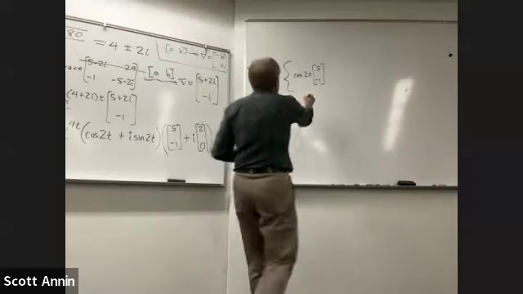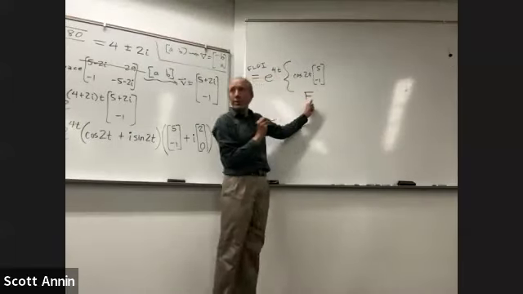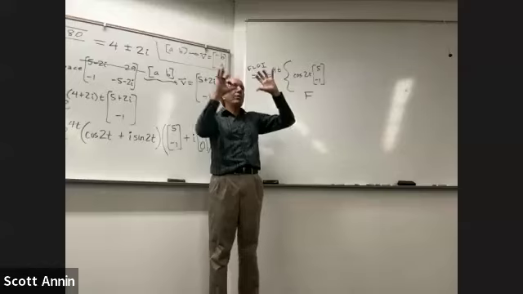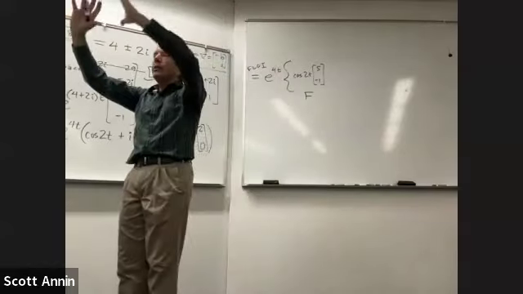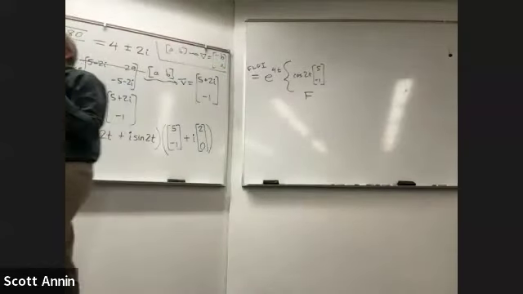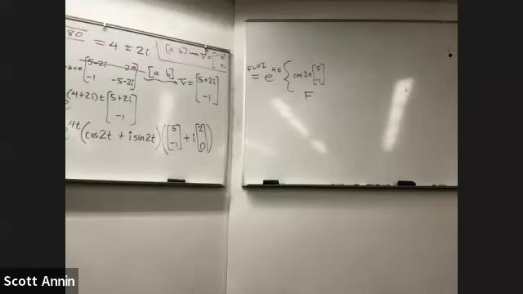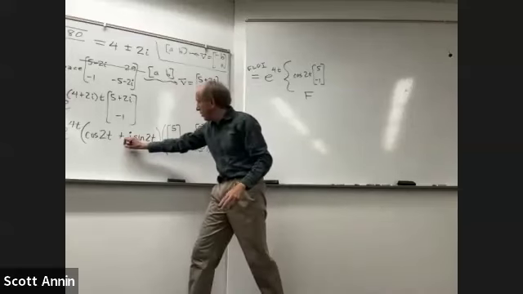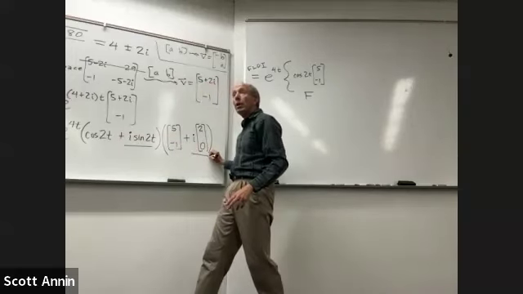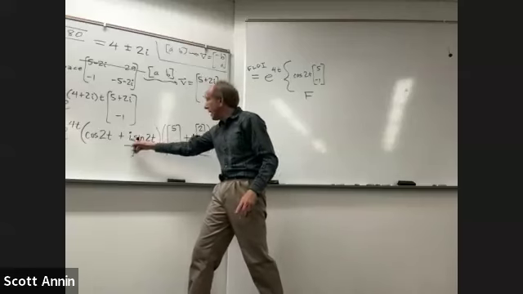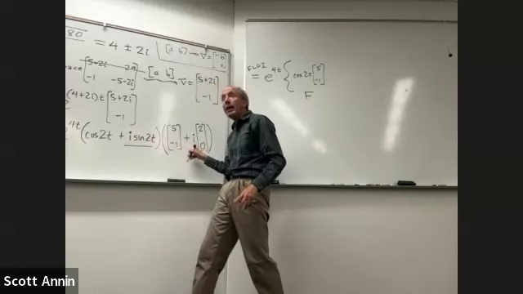And then, so here's the deal. So that's what we normally would call the first. And normally with FOIL, you now do the outers and then the inners and then the last. But I'm going to do FLOY, and I'm going to do the L next. If you look at the last times the last, right? This one times this one. What I like about it is that it has an i times an i.